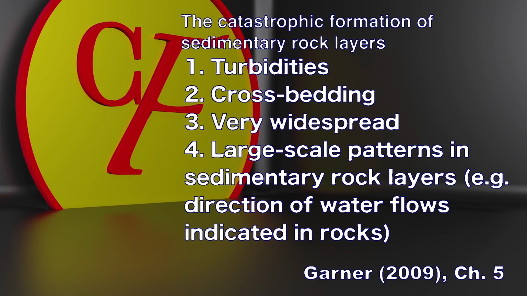And then talk to me about cross-bedding. Yeah, so cross-bedding is basically dune bedding. If you imagine sand that's being deposited by a powerful water current, it typically is deposited once you reach a certain critical velocity.